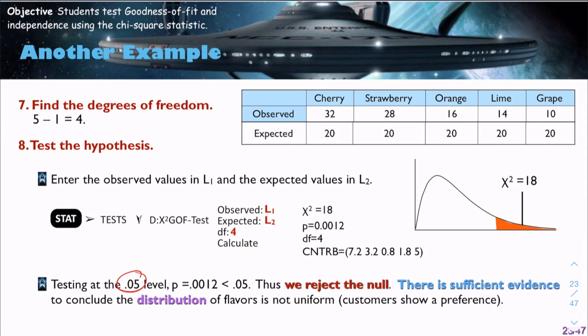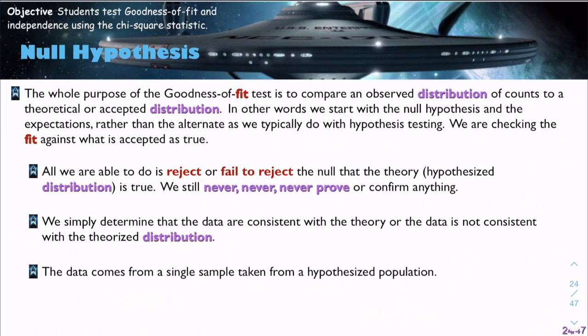So this concludes our first part of goodness of fit tests with the chi-squared statistic. And what we want to point out is, with our null hypothesis, the whole purpose of a goodness of fit test is to compare an observed distribution of counts to a theoretical or accepted distribution.